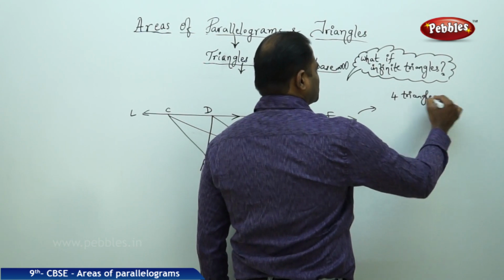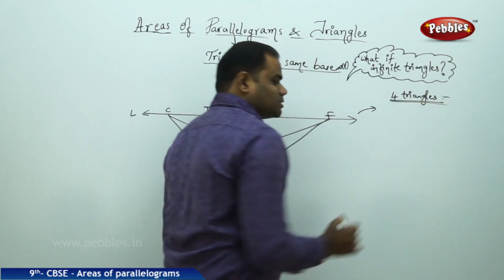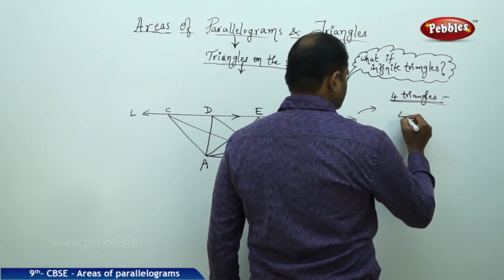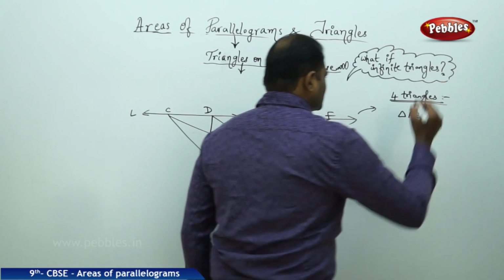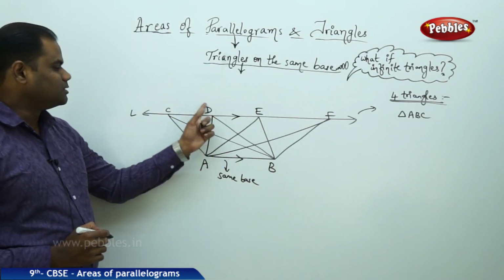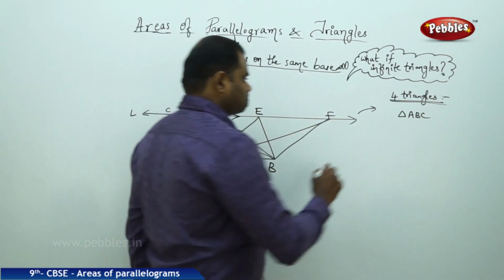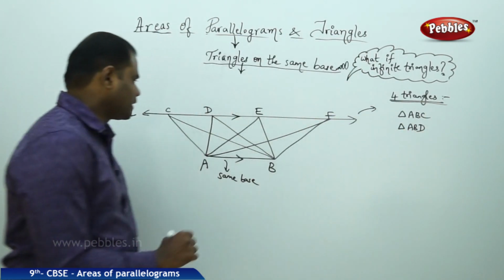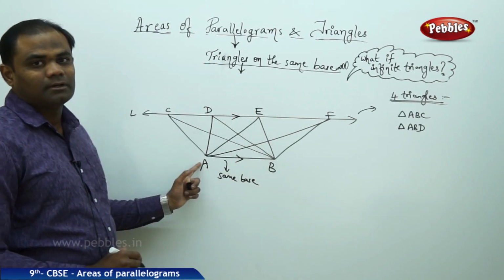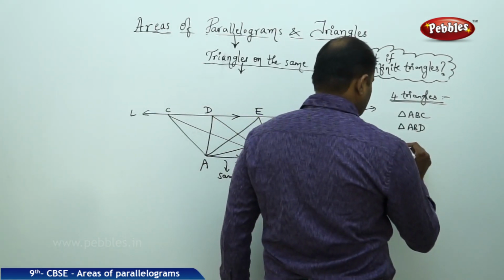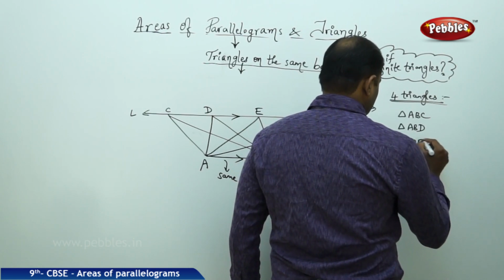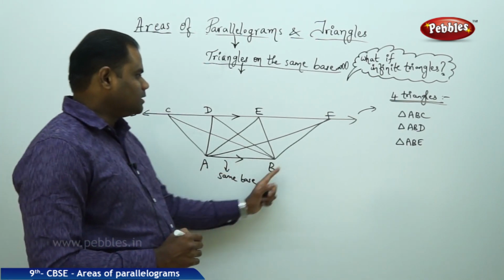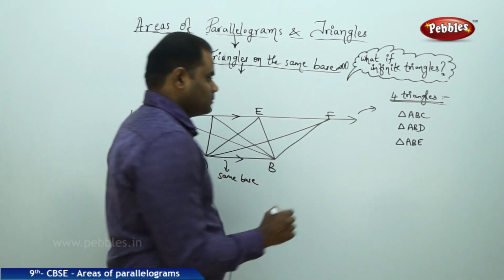The first triangle is ABC, and the second triangle is ABD, as can be seen in the diagram, and the third triangle is ABE, as seen here. And the fourth triangle is ABF, as taken here.